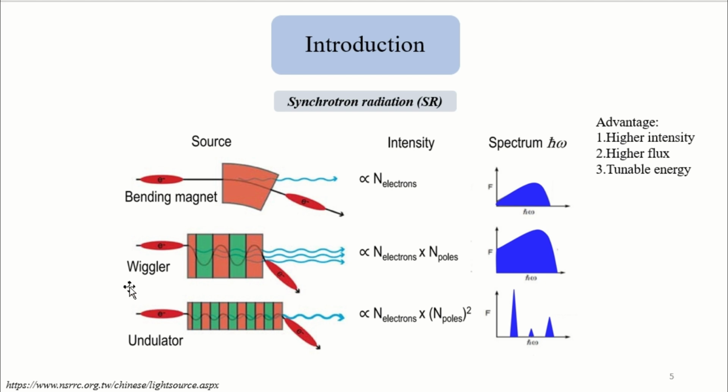This plot is a wiggler, and this plot is an undulator. When electron beams fly at nearly the speed of light and are deflected by a magnetic field, composed of N and S poles, they emit electromagnetic waves along the tangential direction.